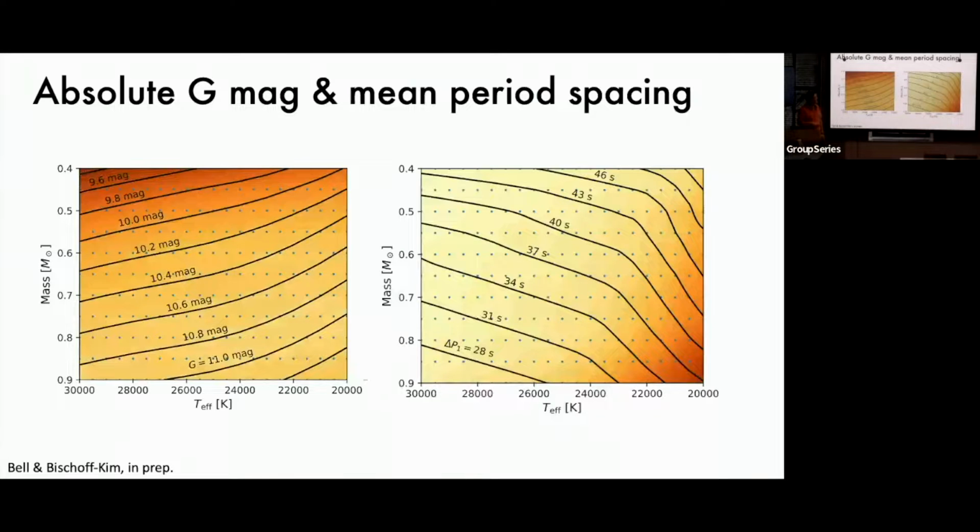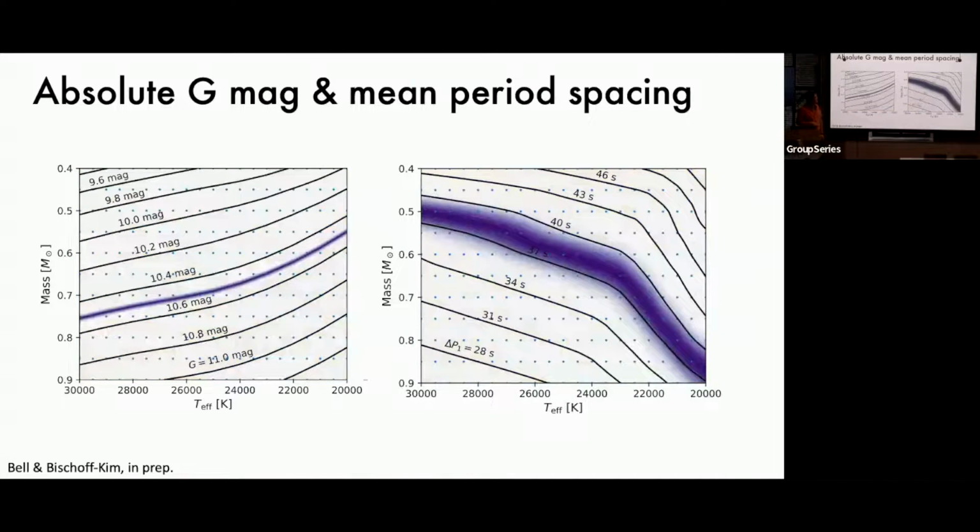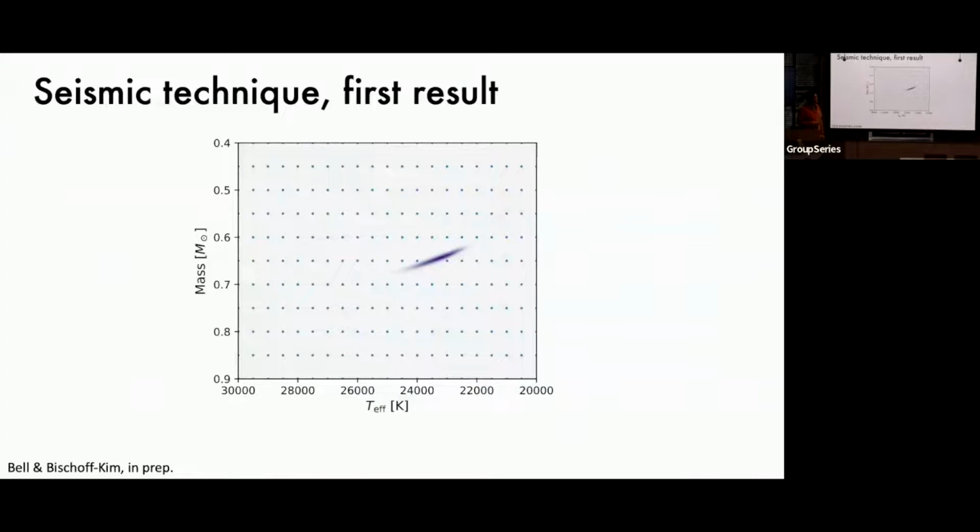So we can combine these in a likelihood estimation to really pin down pretty precisely what the mass and effective temperature of this star should be to agree with the mean period spacing and to agree with the absolute magnitude, marginalizing over an entire range of reasonable interior structures.